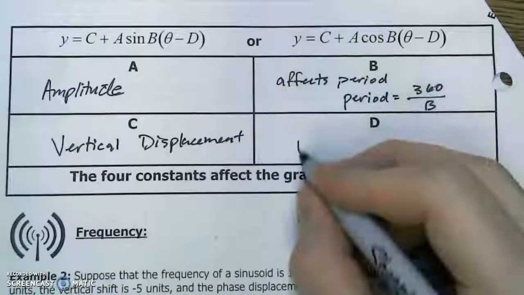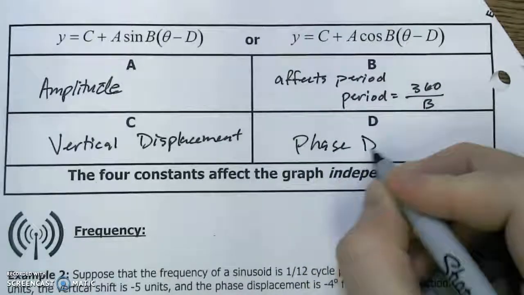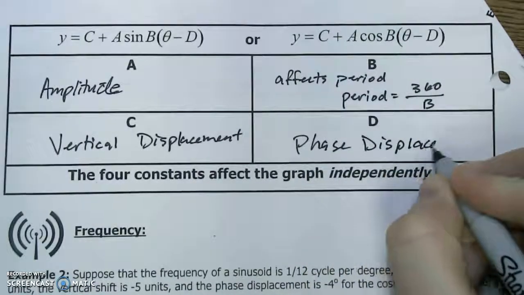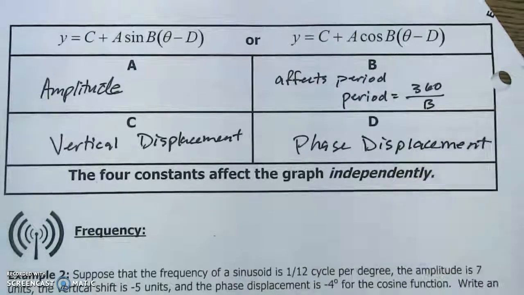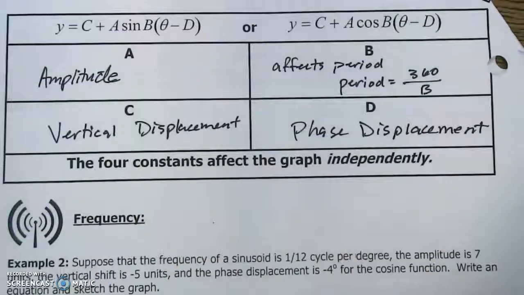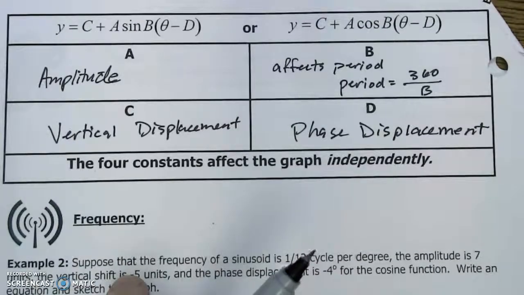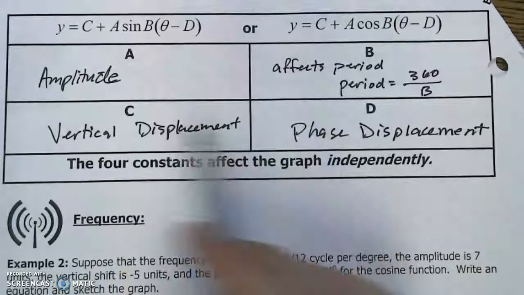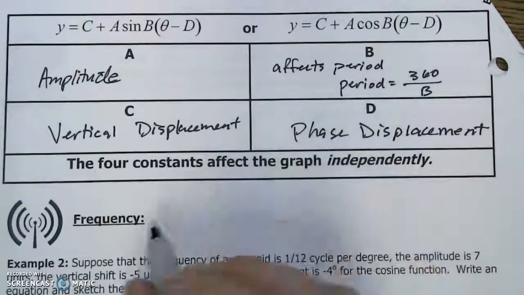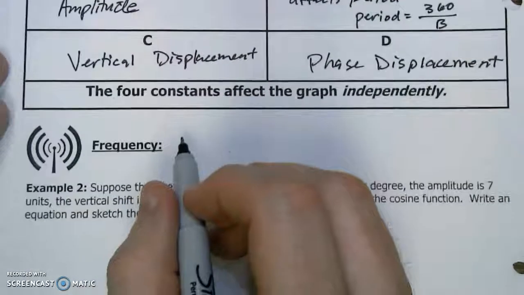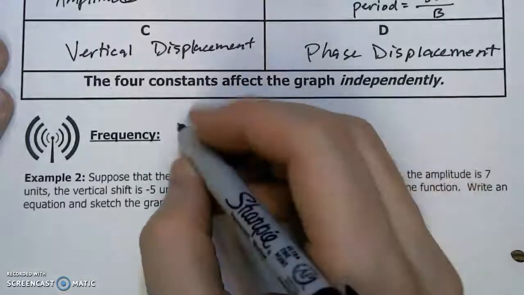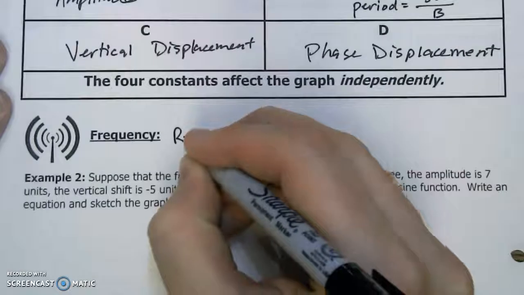And your D is your phase displacement. And each of these affects the graph independently. So they don't change. Whatever A is, it doesn't affect B, which doesn't affect D, and so on. Frequency is a word that you might see. This is the reciprocal of the period.